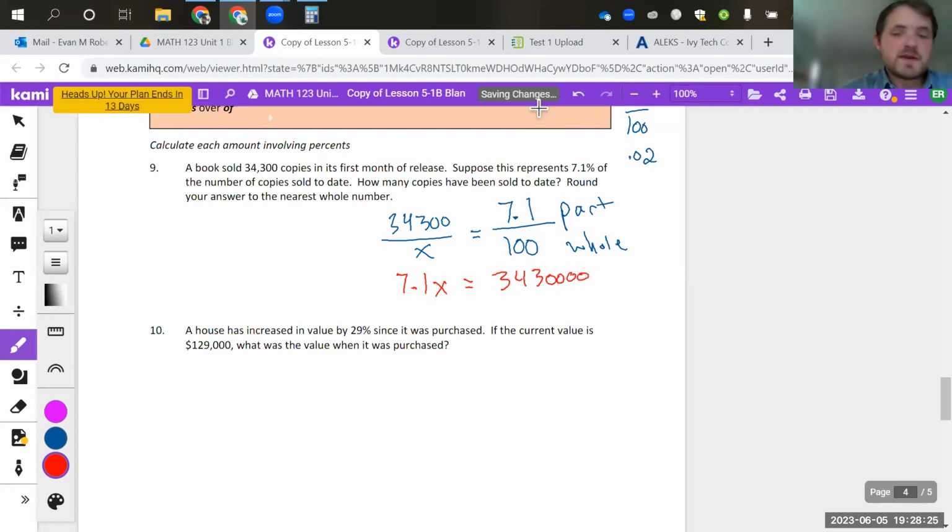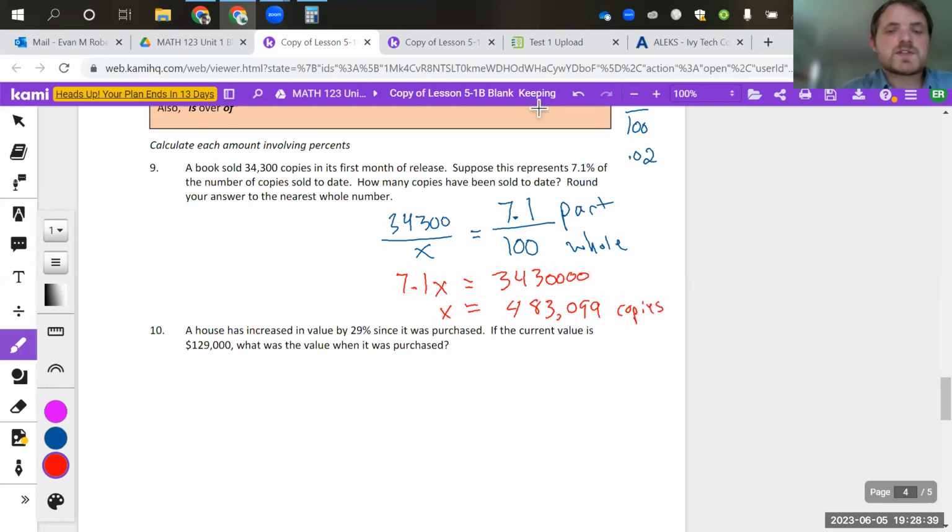Then we divide by 7.1 on both sides, and we end up with 400,083 and 99 copies that were sold to date. If that 34,000 was just 7.1%, that would be our setup there. Okay.